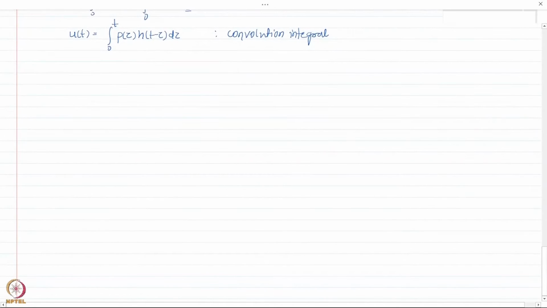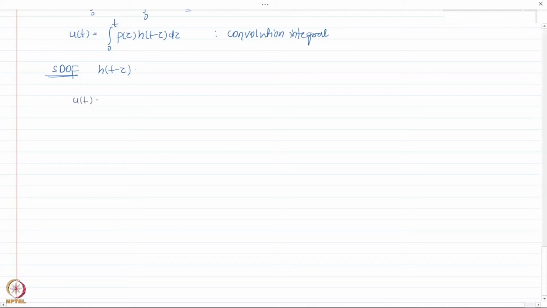Now for our case, a single degree of freedom system, we already have the expressions for h of t minus tau for damped and undamped systems. So we can substitute it here and get the expression for u(t) due to any arbitrarily varying force p(t).